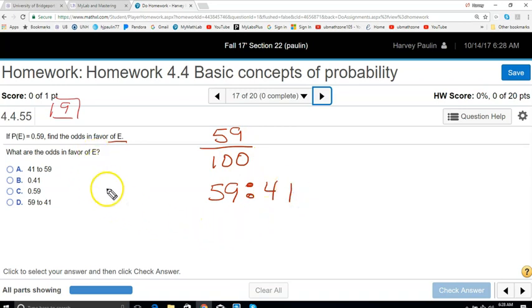So matching this up is pretty easy if you know what you're doing. Now, notice 41 would be the probability that you would not get this, but that's not what they're asking here. They're asking what are the odds in favor, and you have to know the background for odds.